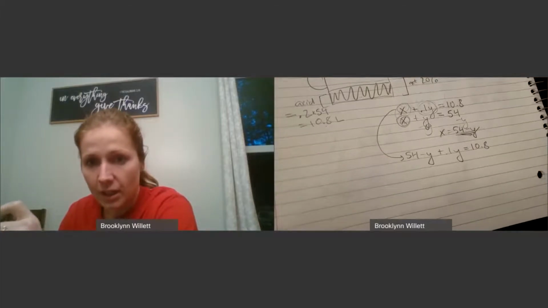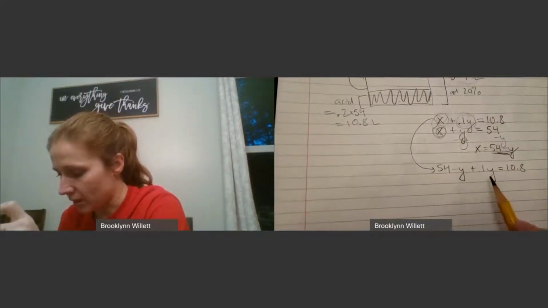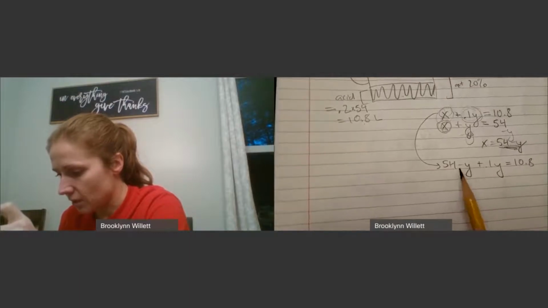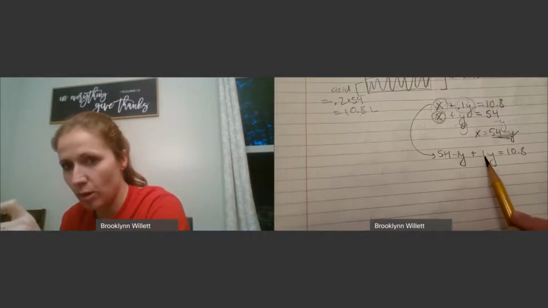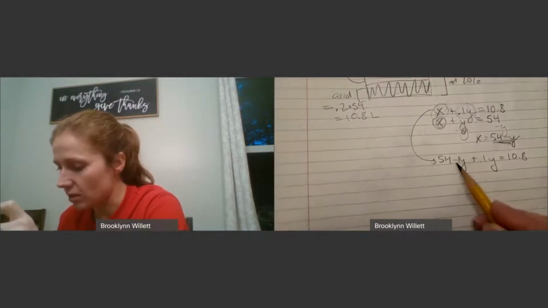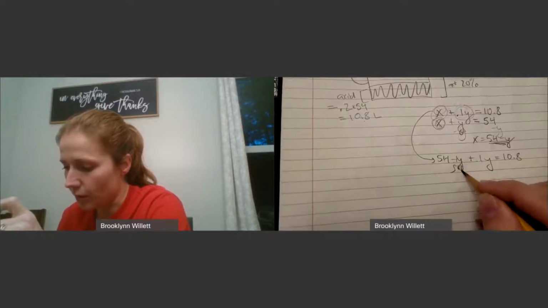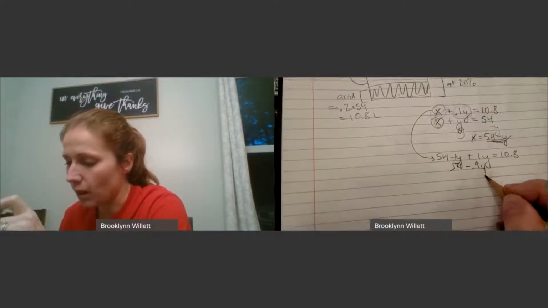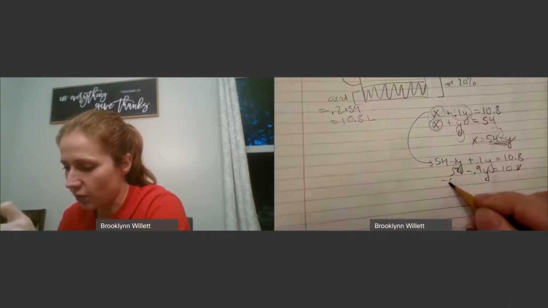So now we have an equation in one variable that we can solve for Y. So we've got negative 1 plus 0.1. These are my like terms. The negative 1 plus 0.1 is going to be 54 minus 0.9Y equals 10.8. I have to subtract 54.